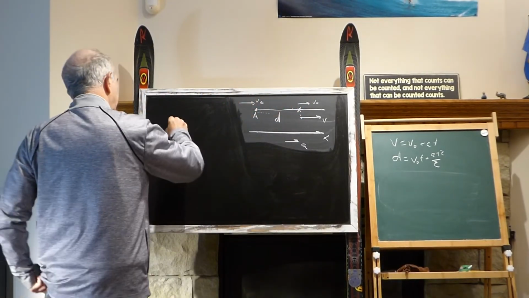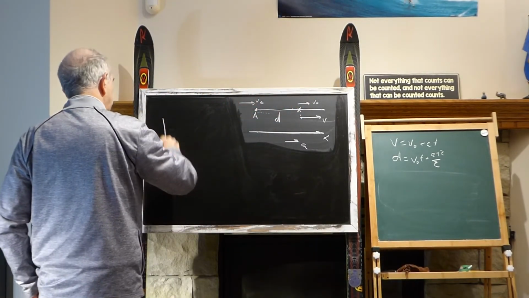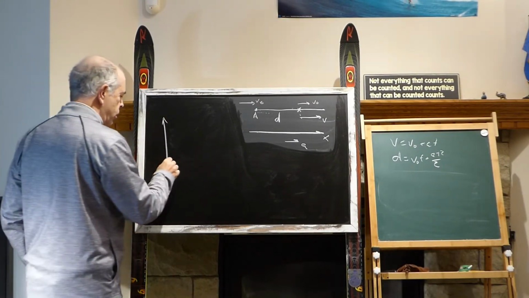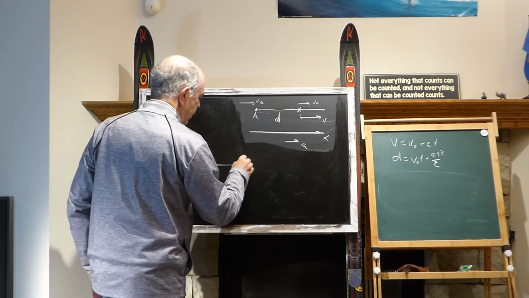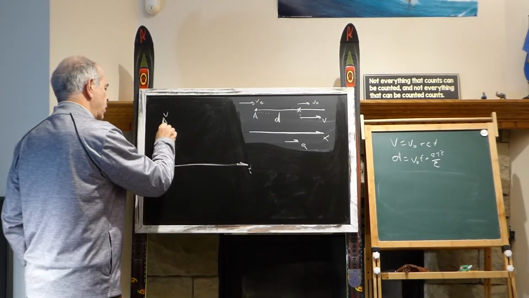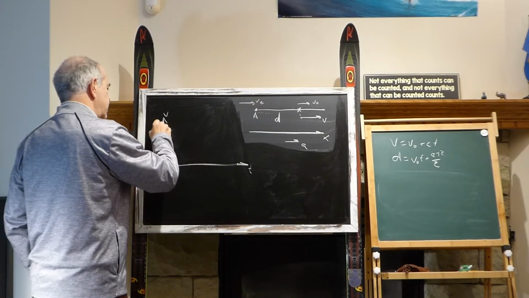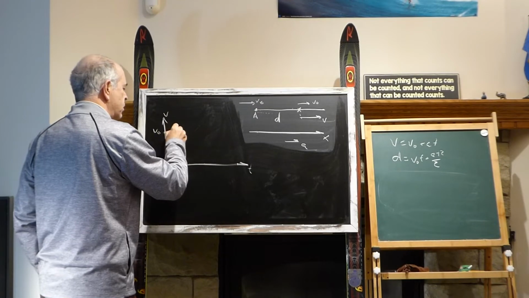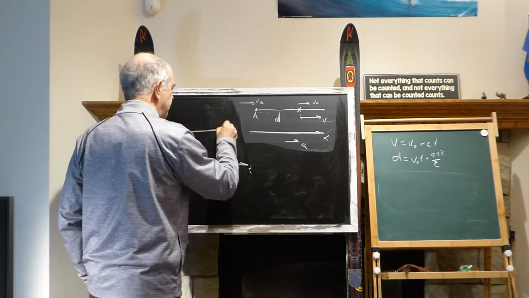Okay, graph, and of course we will graph v over t, because v is changing, at least for the car. So, v over t. This is v0, and this is how the bicycle moves, with a constant speed.